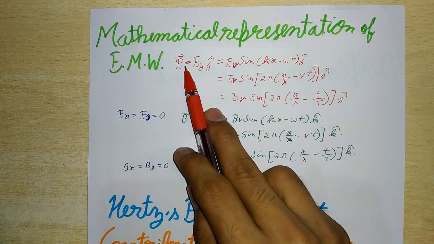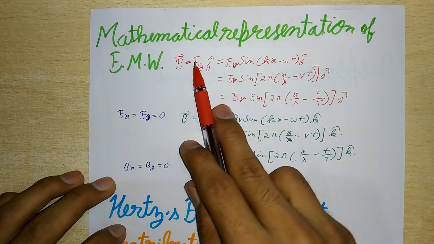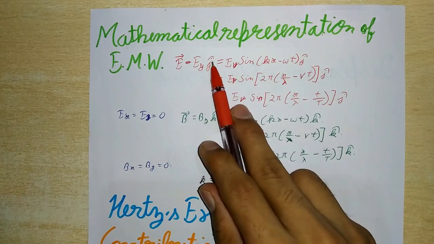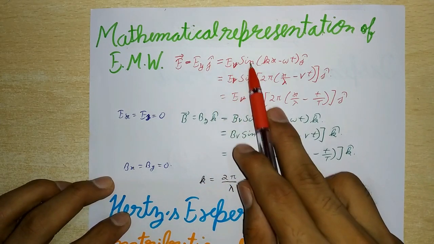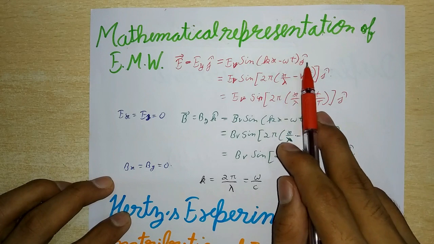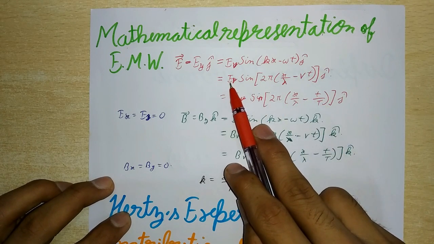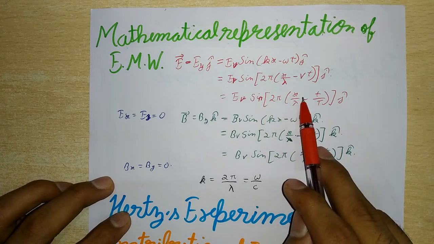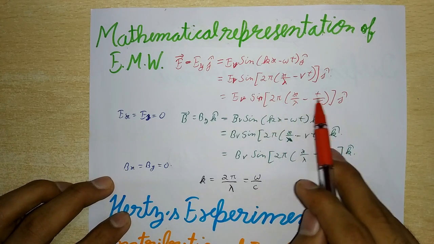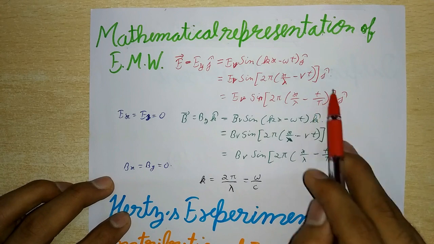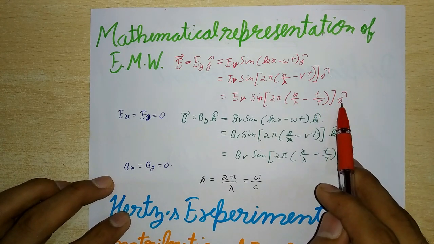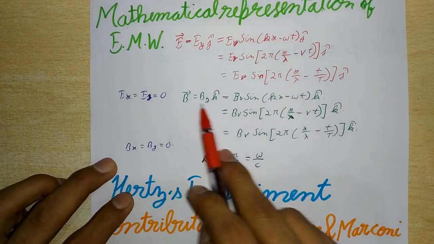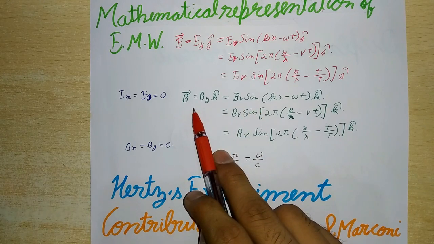This is for the electric field: E vector equals E_y j cap equals E_0 sin(kx minus omega t) j cap, which equals E_0 sin(2 pi (x upon lambda minus t upon T)) j vector. And this is the expression for the magnetic field.